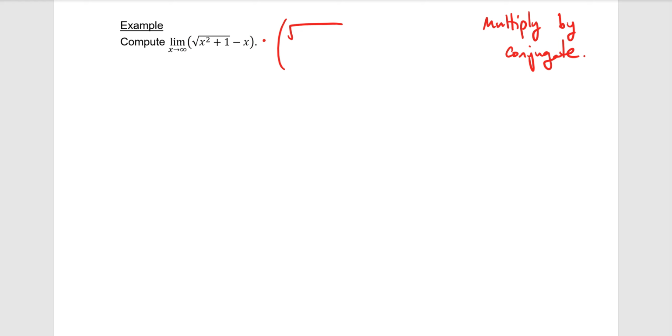So we're going to multiply this by the square root of x squared plus 1 plus x. And then we also have to do it in the denominator, so we're not changing anything. Okay, so this is one of the tricky problems where you just have to know to do this. And kind of the hint is because it's not in the form that we know how to handle. And then there's these two terms where one of them is the square root.